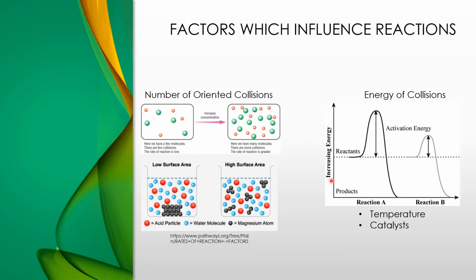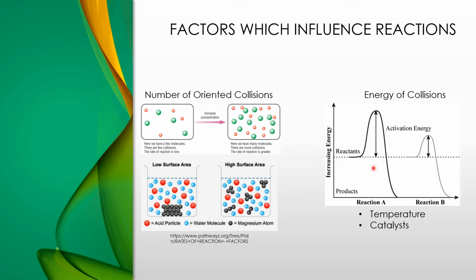So we can use energy graphs like this. So usually we have time on the axis down the bottom, even though that's not labeled, and energy on the side axis or the y-axis. And in all reactions, there will be some sort of energy requirement that the particles that are colliding must meet for the reaction to actually proceed. So in this example, reaction A requires more energy when the particles collide compared to reaction B for that reaction to actually proceed.